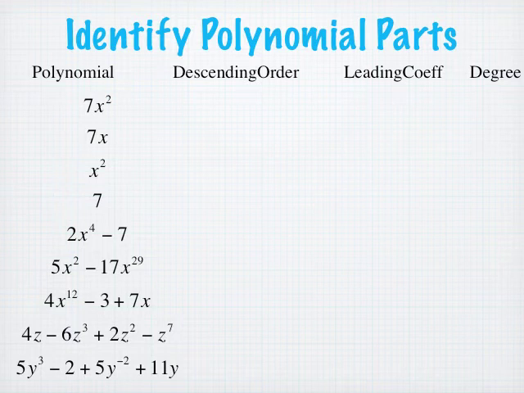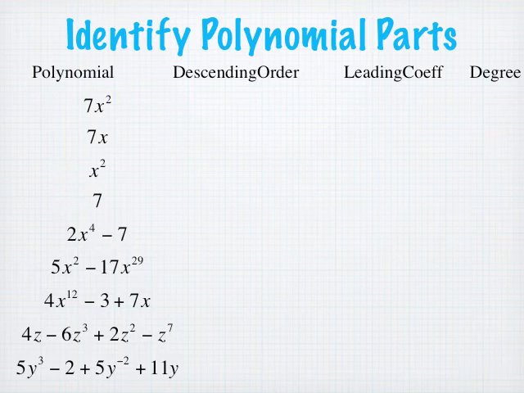So if we write these in descending order, for the monomials, they don't change. There's only one term. There's no way to write it differently. How about the binomials? Look at 2x to the 4th minus 7. Good, that's already in descending order. It doesn't matter that 7's bigger than 2. We look at the exponents.